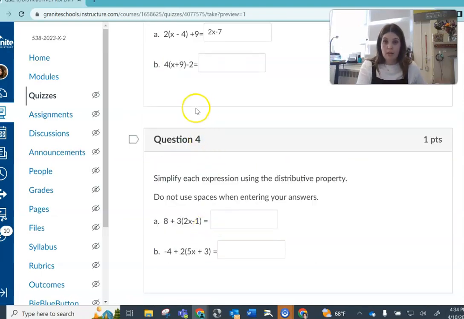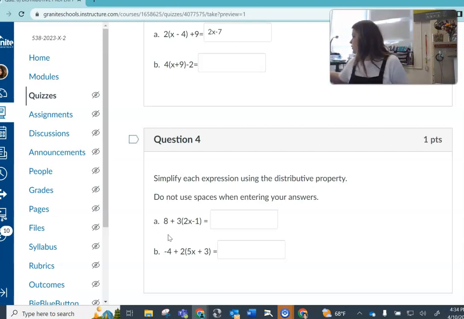Okay, give that one a try, and then when you're ready, come down to do this last one. So pause and then come back when you're ready. I'm just looking for a piece of scratch paper. I don't have one, so we're just going to use this.